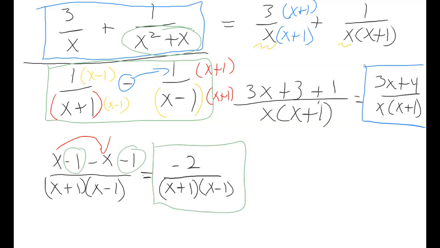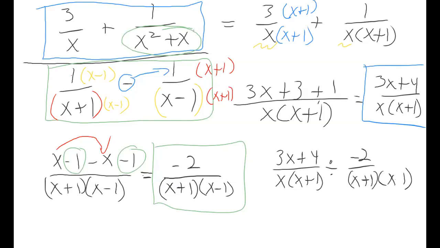So now let's put it all back together. So I have my blue box, 3x plus 4, all over x times x plus 1. And then I was dividing before, so I'm going to put it like this now, dividing by negative 2 over x plus 1, x minus 1. Now I have to rewrite it and flip it so it becomes a multiplication problem.